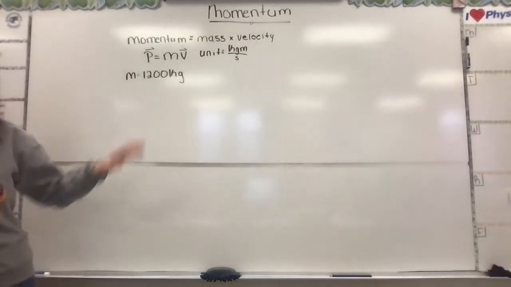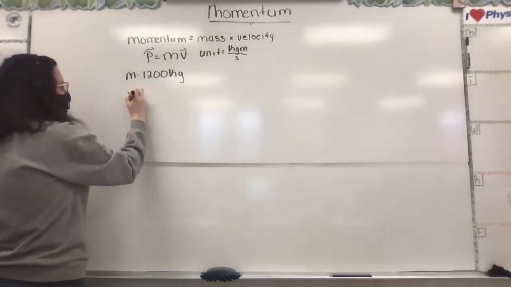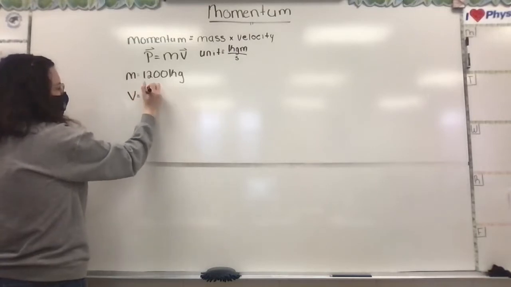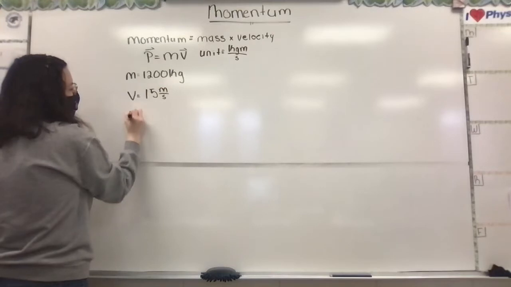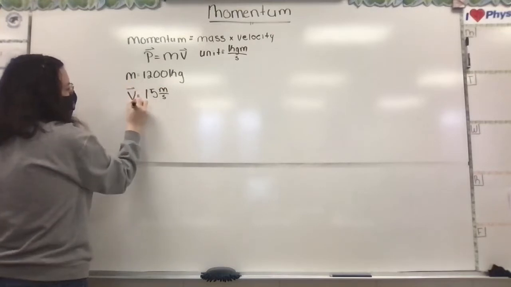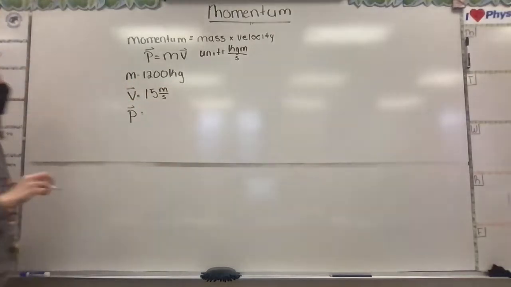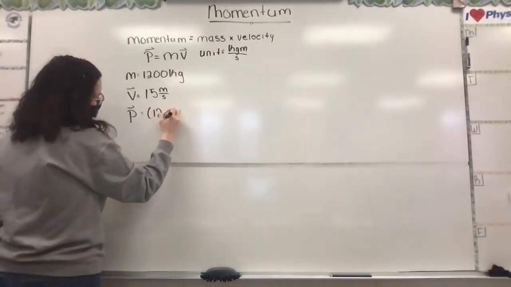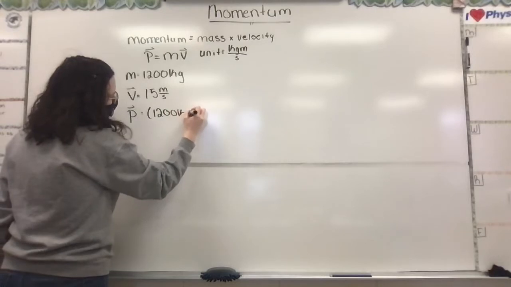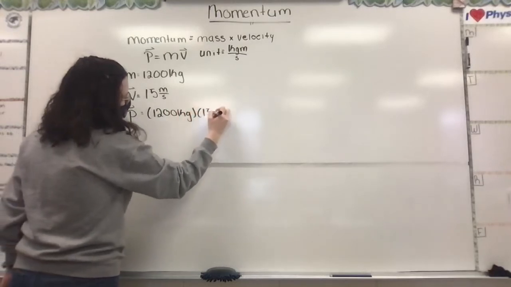What would that be? Velocity. Is that going to be positive or negative? Positive, because it's east. We want to know what is the momentum of the car. How would we find it? We're going to take the mass and multiply by the velocity.